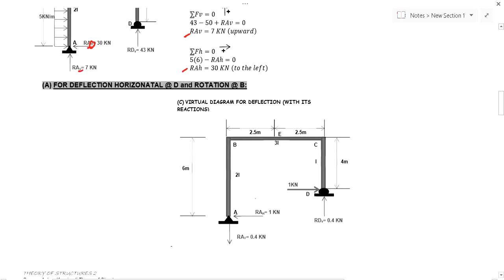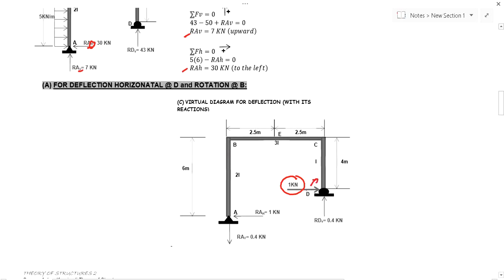So for the deflection, we have here the free body diagram. Remove all loads and apply 1 unit load. We apply 1 kilonewton, assumed in the left direction.